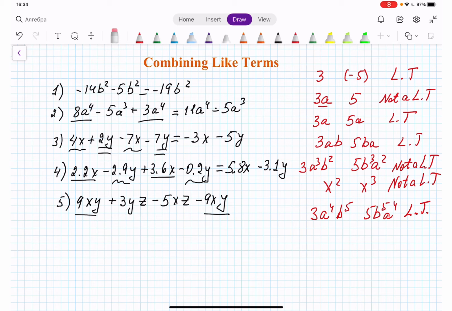So these two terms are not like terms, they are going to stay. Plus 9xy minus 9xy, they are canceling, it gives 0. And we have only 3yz minus 5xz. Question number 6.